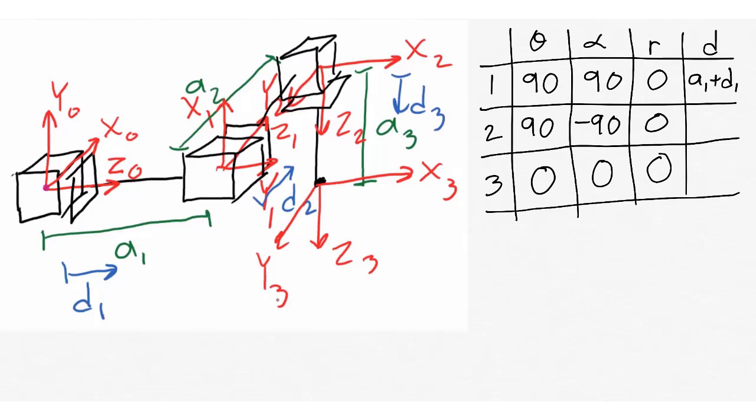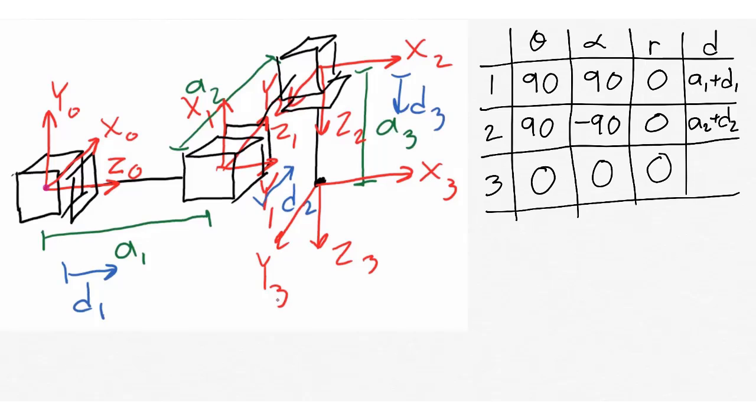Let's do the next D. D for the second row is the distance between the center of frame 1 and the center of frame 2 in the Z1 direction. Once again, this has a component that is the link length, and also a component that is however much the joint has extended. So D for the second row will be A2 plus D2.